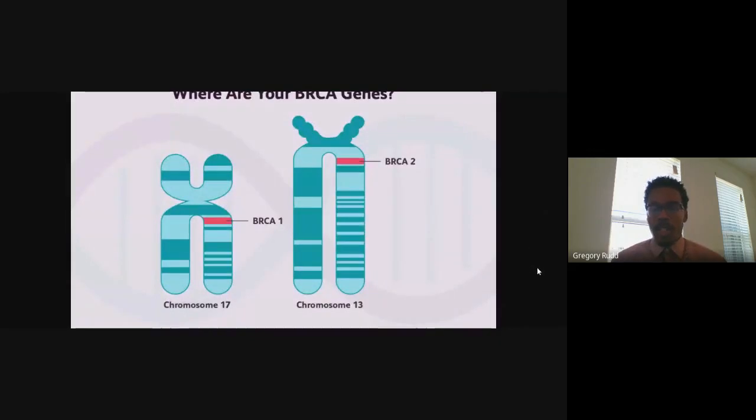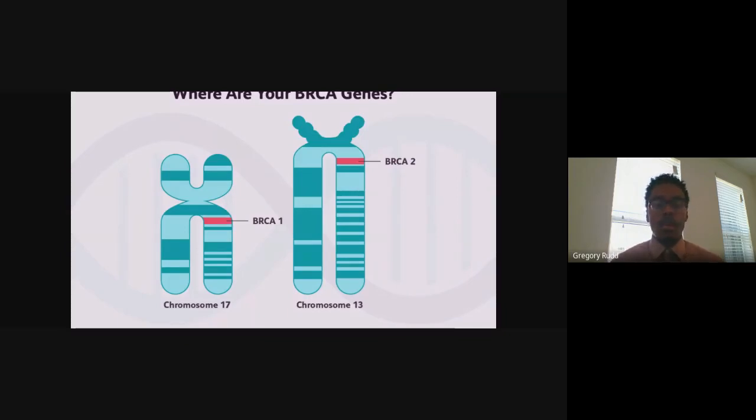This BRCA gene, of which there are two, one on chromosome 17 and one on chromosome 13, essentially codes for a specific type of tissue in the breast.